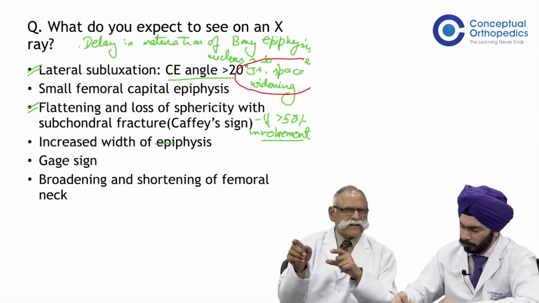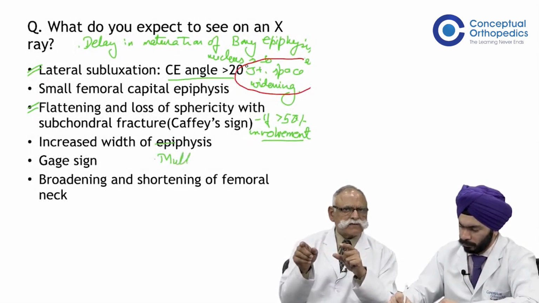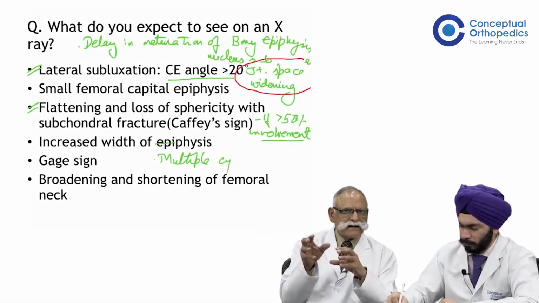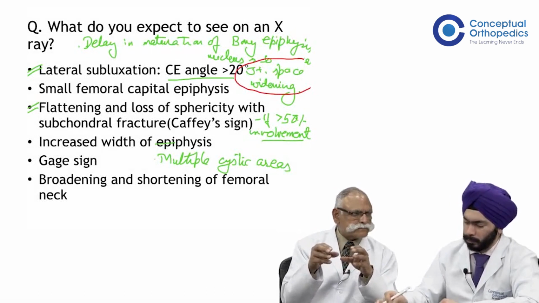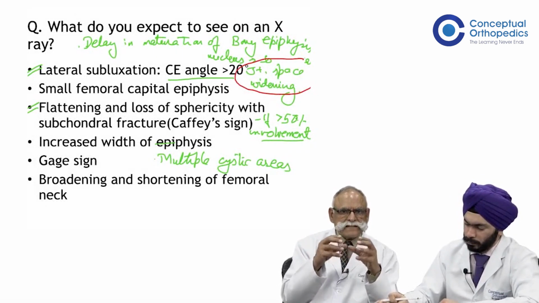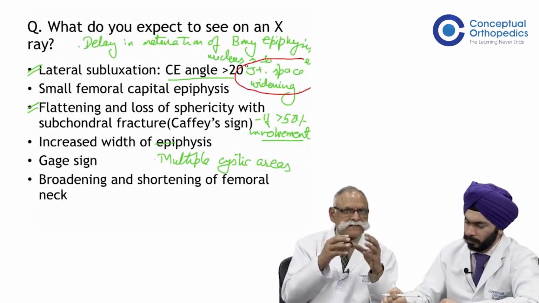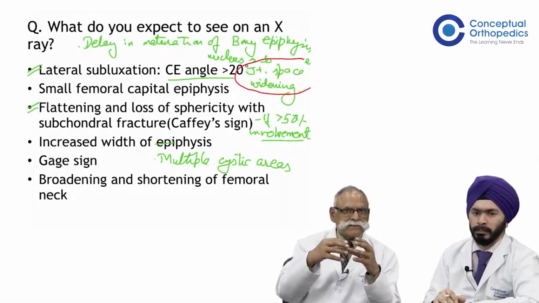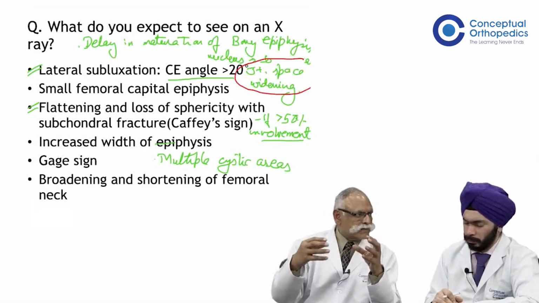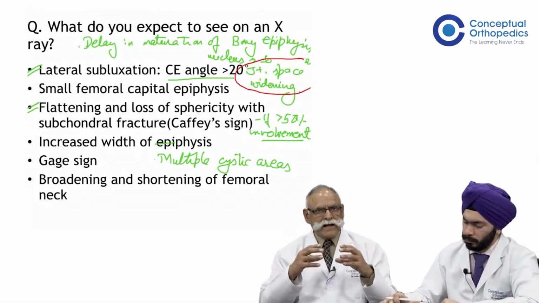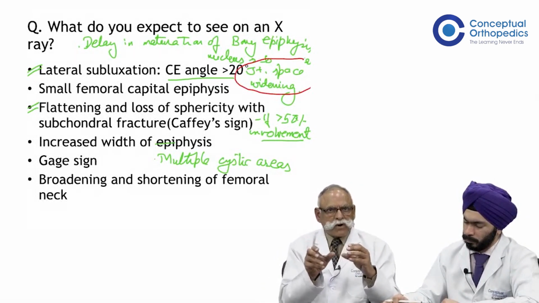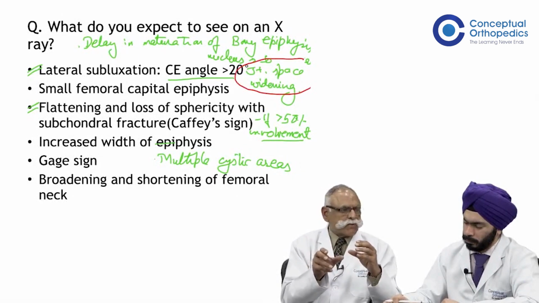There could be calcification in the lateral part of the physis, in the soft tissue region. That itself indicates that the head is coming out. The head is not within the acetabulum. And there is also broadening of the metaphyseal neck.